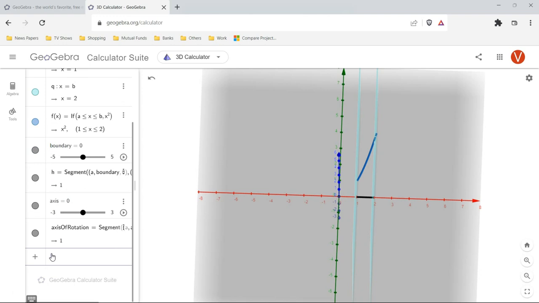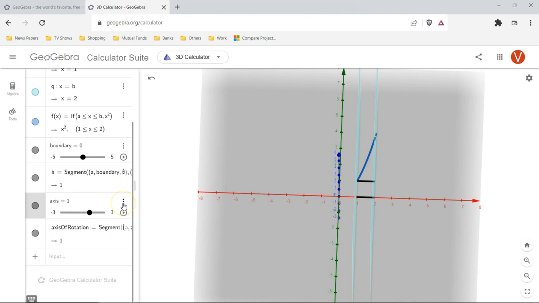Yes. So now again if you notice both the axis and the boundary, they lie on the x-axis itself. Now if I change this to 1, you see this.